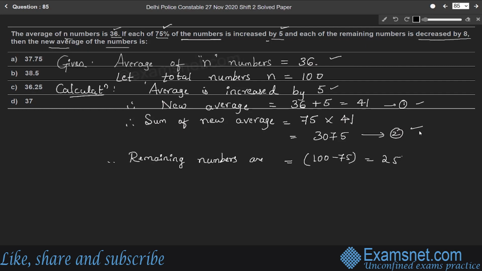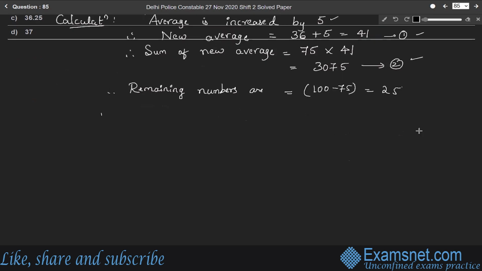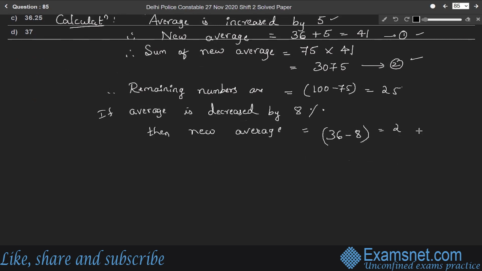Right. So in the next part of the question, it is said the average is decreased by 8. Then the new average is equal to 36 minus 8, which is equal to 28.